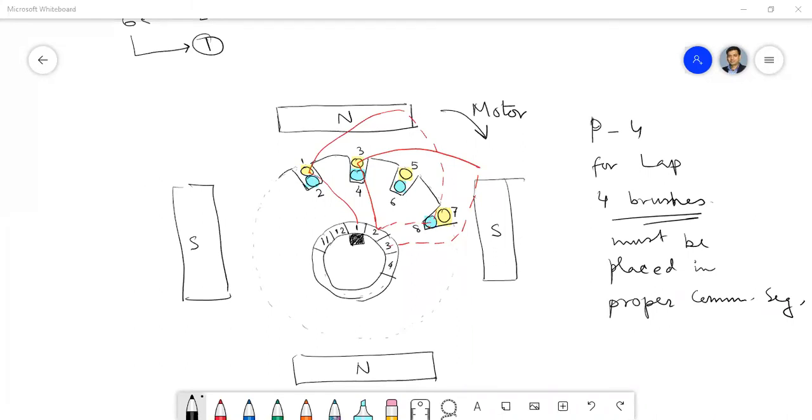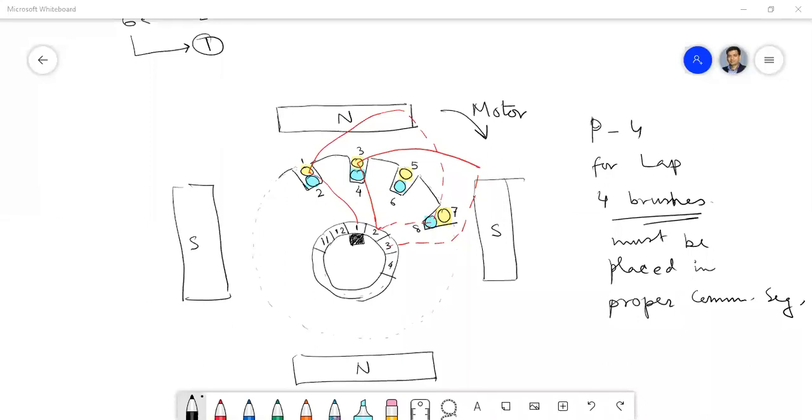Sir, I think they will be cross, sir. Why? Why will they be cross? No, sir. They will be dot, sir. They will be dot. Why?